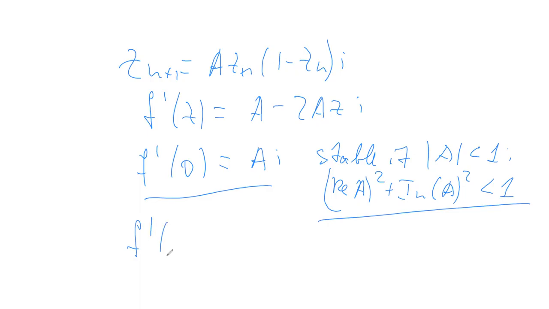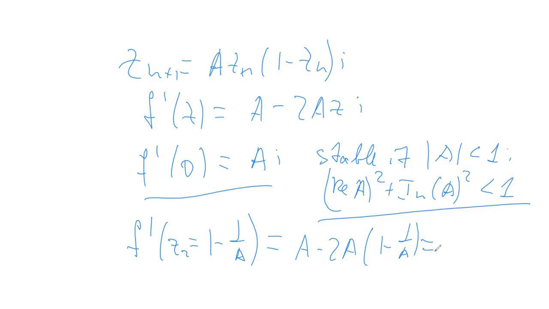And second is the second fixed point, which was 1 minus 1 over a. So we have a minus 2a times 1 minus 1 over a.